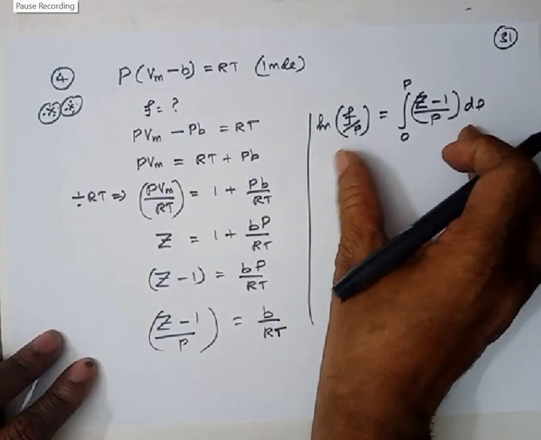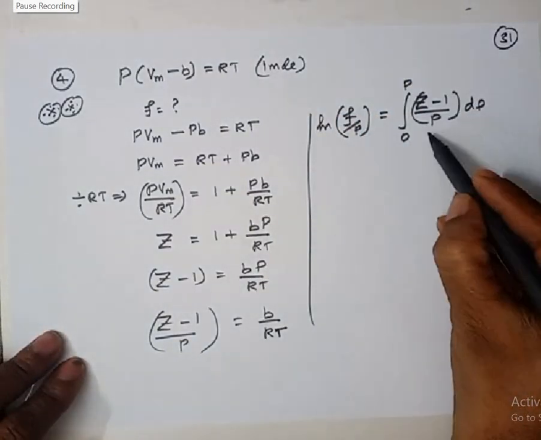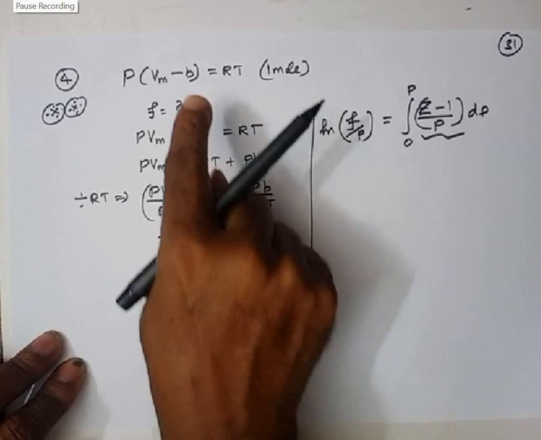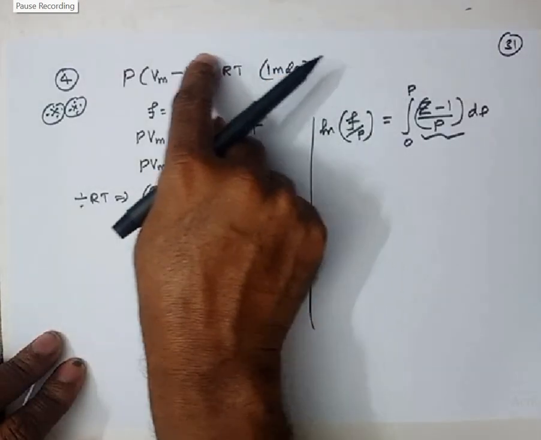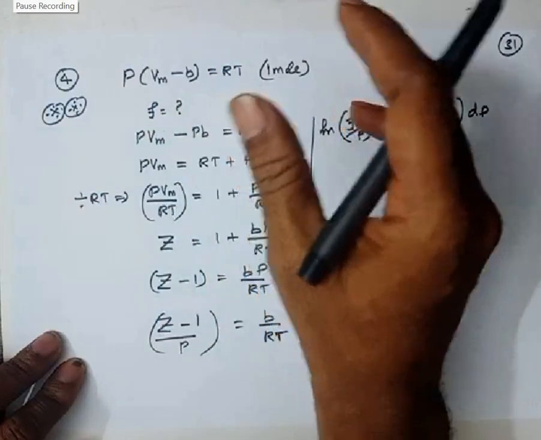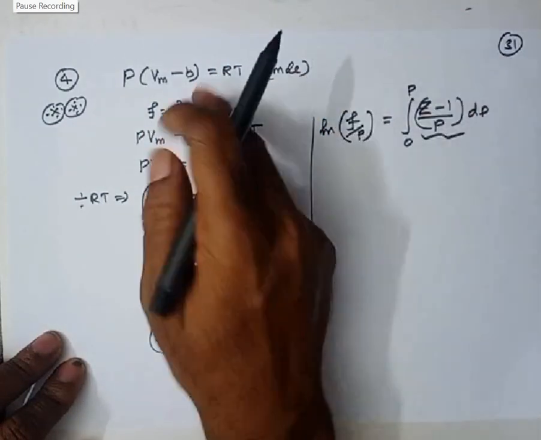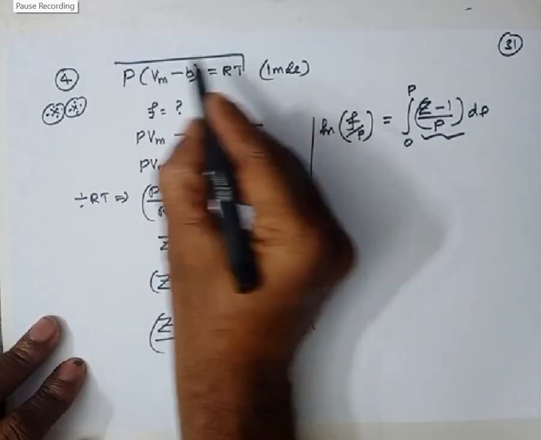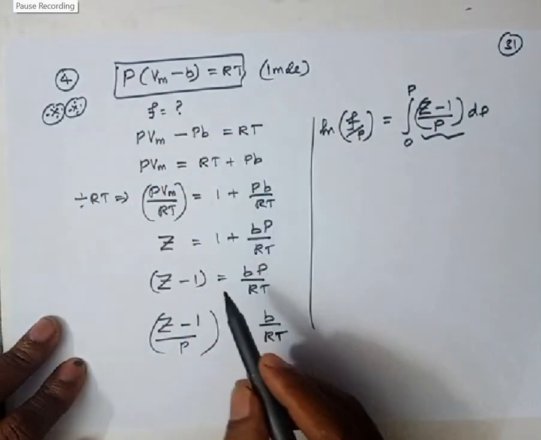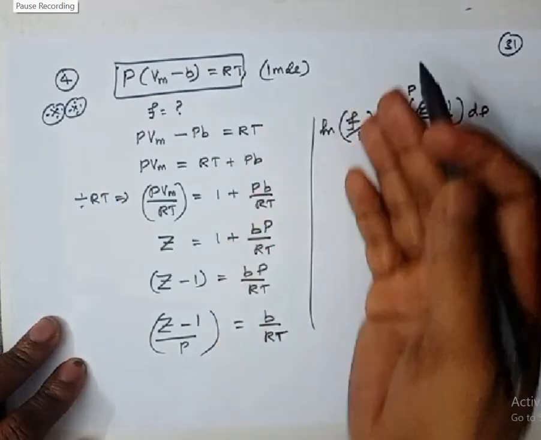This is fugacity in terms of compressibility factor. Just now we derived this. Now I got this quantity for some gas which obeys this equation. I have 1 mole of some real gas, and that gas obeys this equation of state.